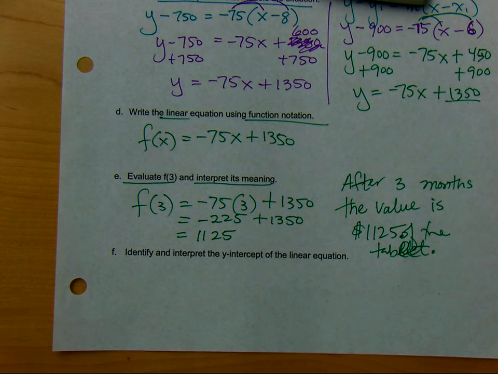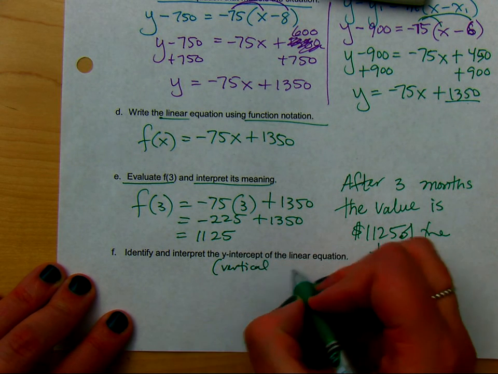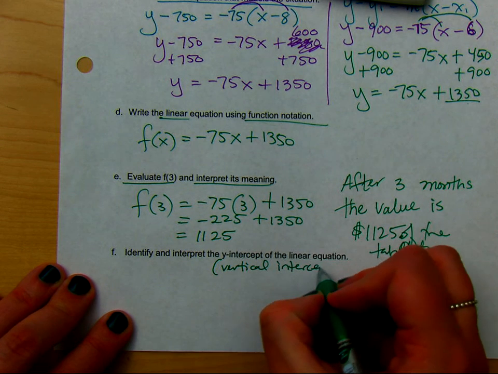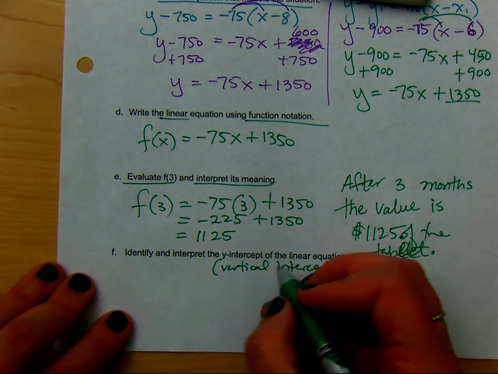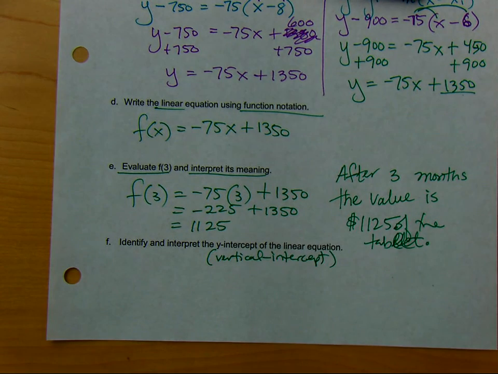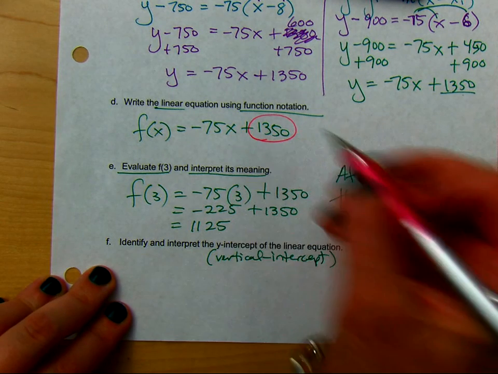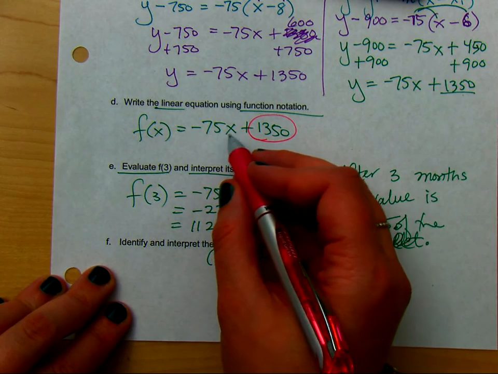Identify and interpret the y-intercept of the equation. Y-intercept is another word for vertical intercept. So you'll see that on some of your papers, vertical intercept. What is the y-intercept of the equation? Yeah, so if we said identify, we would plug in x is 0.